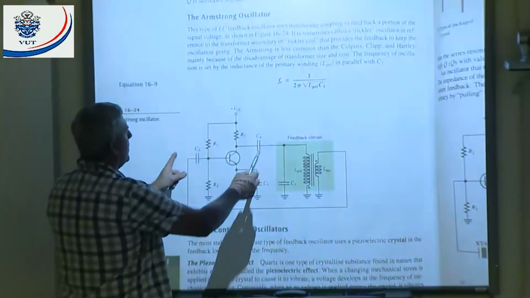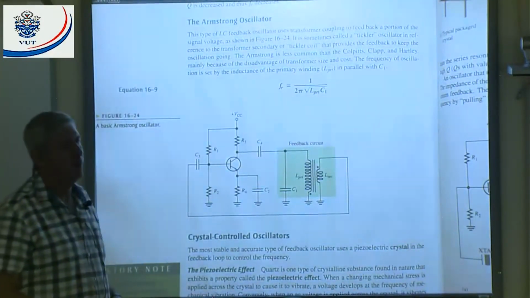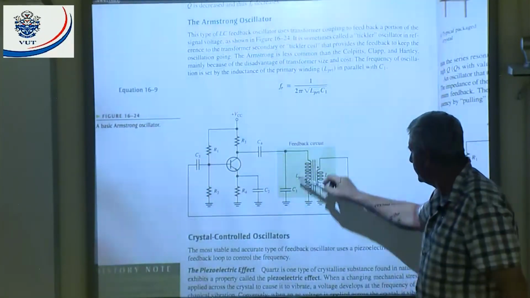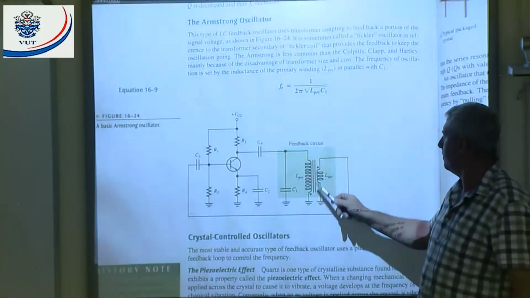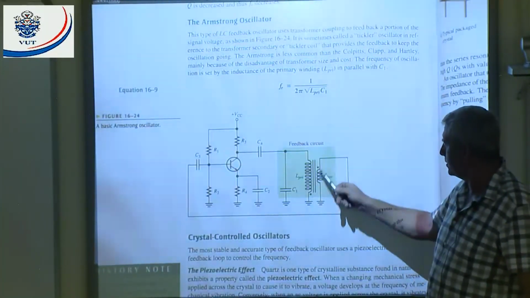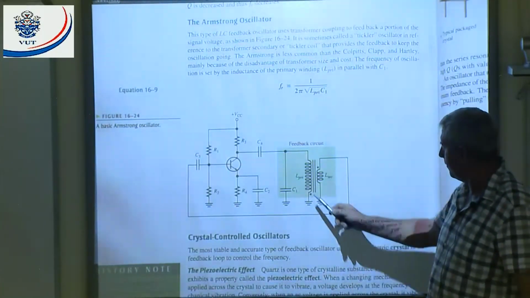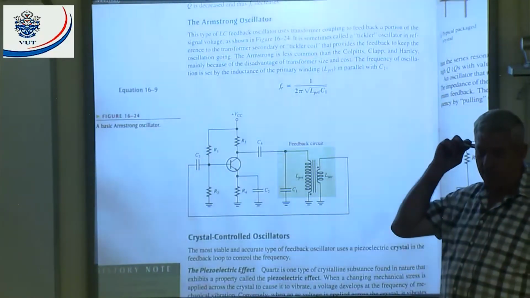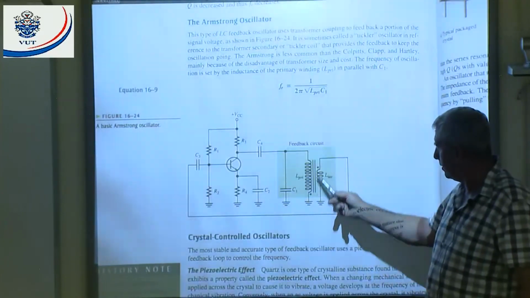In the case of a common emitter amplifier, I get 180 degrees. You can also notice here that this transformer is coupled so that there is a 180 degree phase shift here. Those dots indicate 180. If there was a dot there and there, then it gives me 0 degrees phase shift. But now I have a dot there and there, 180.